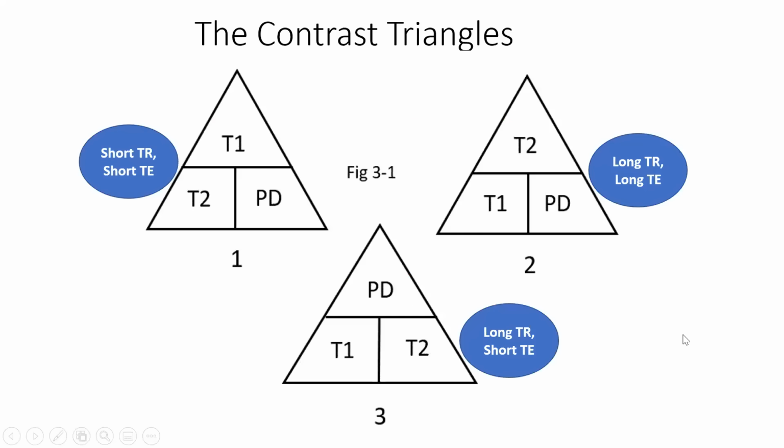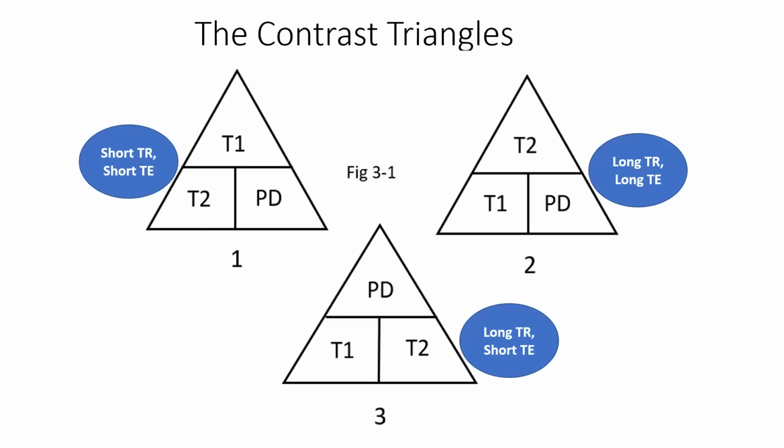So here are my contrast triangles. I developed these several years ago. I didn't pattern them on anything. Something popped into my mind one day when I was working for GE. So you've got the three contrasts, T1, T2, and proton density, which are inherent tissue parameters, and the scan parameters that we apply to them are going to give us triangles like this.